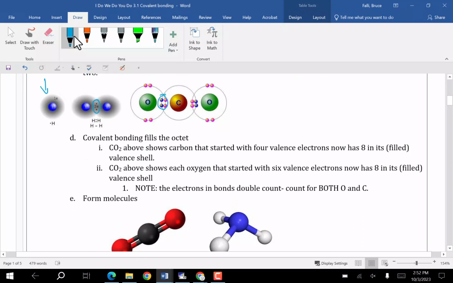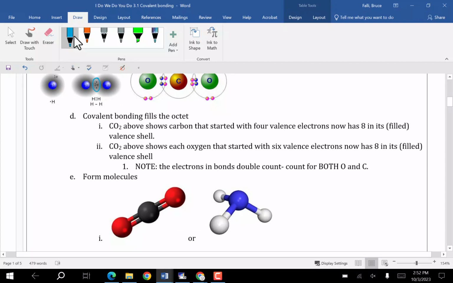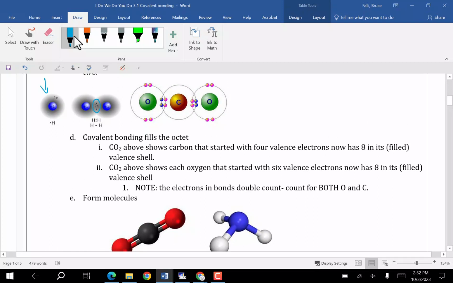What we learned from last chapter is we would gain or lose electrons to fill the octet. This is different. We're going to share to fill the octet. So look at CO2 above. Carbon started with 4 electrons: 1, 2, 3, 4. But it's going to share 2 electrons from this oxygen and 2 electrons from this oxygen.